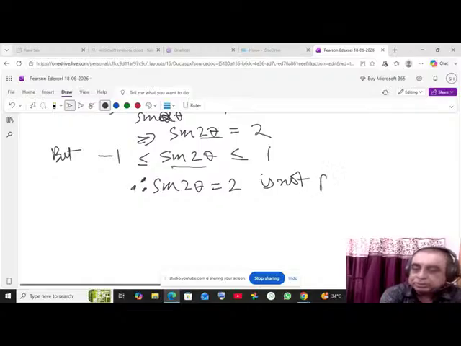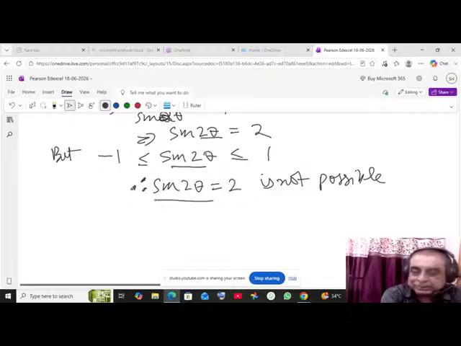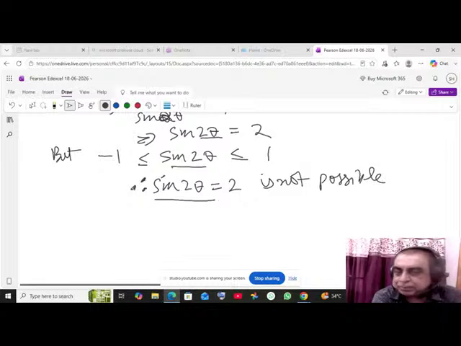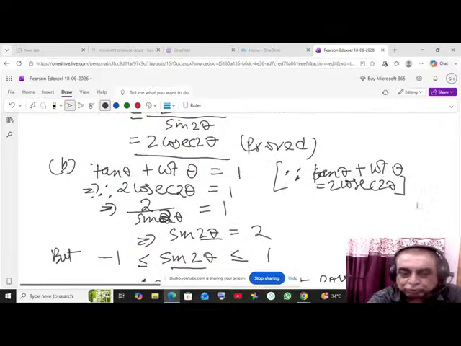So if tan theta plus cot theta value is 1, from there we are getting sin 2 theta value is 2, which is impossible because sine of any angle lies between minus 1 and plus 1. So this equation does not have any real solution.